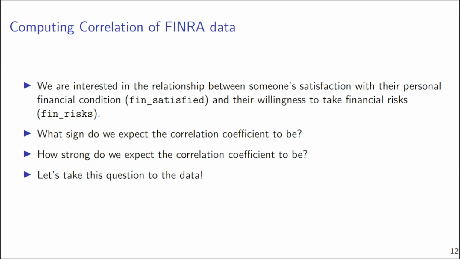So I'm gonna take the square root of that, and then I'm going to multiply that by y1 minus y bar squared plus dot dot dot yn minus y bar squared, and then take the square root of that.